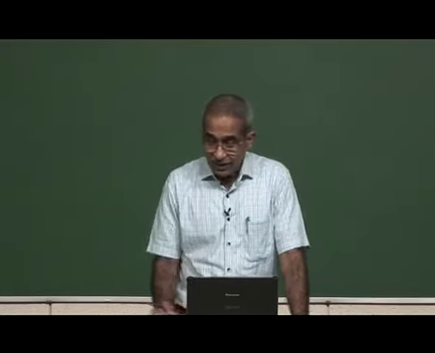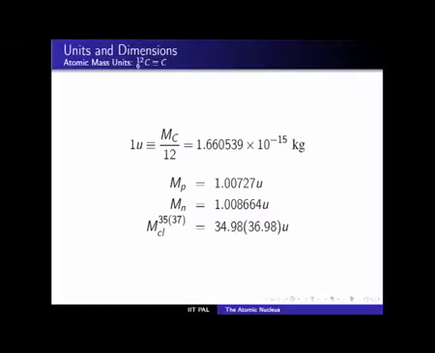So if you remember that, what we are going to do is to start a new set of units, and that is to start with the mass of carbon. If you look at it very carefully, carbon has many isotopes. I have already given you the definition of what an isotope is. So you take carbon 12 with exactly 6 protons. So we are speaking of 6 protons, 6 neutrons constituting carbon 12.